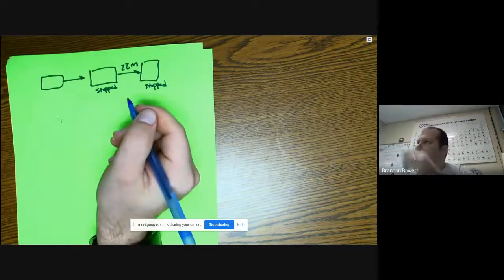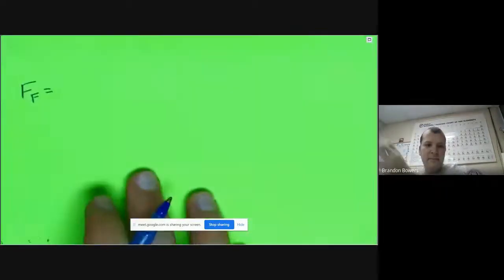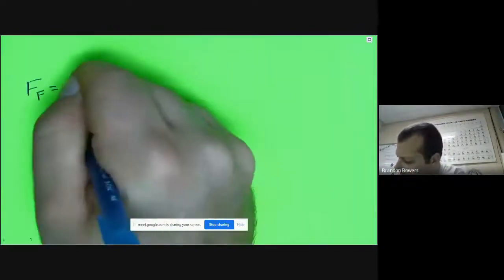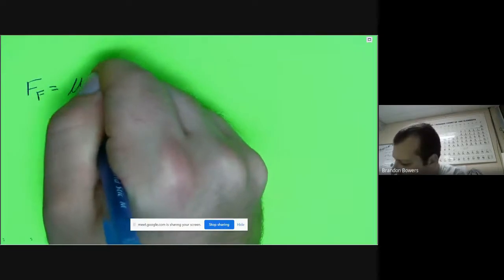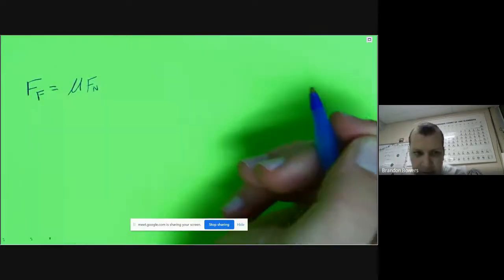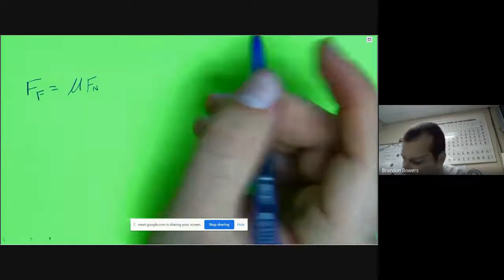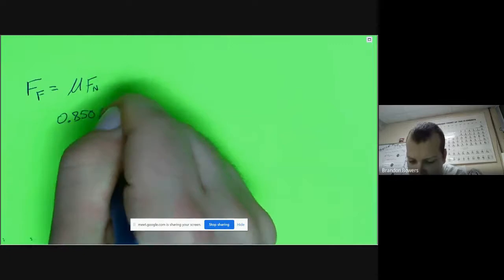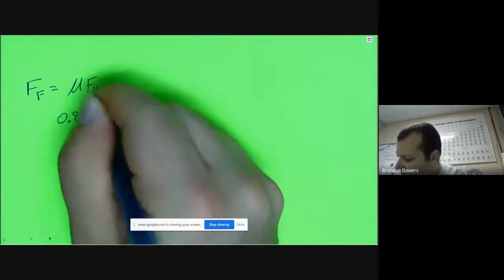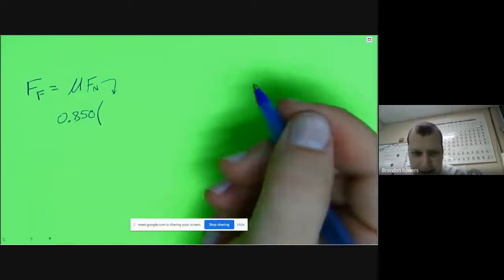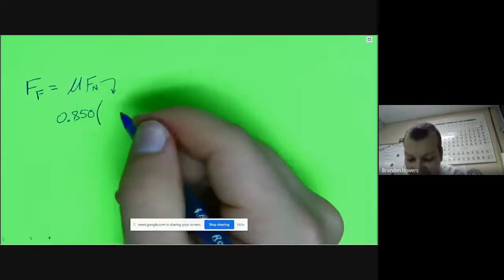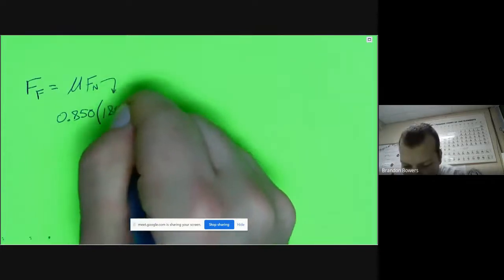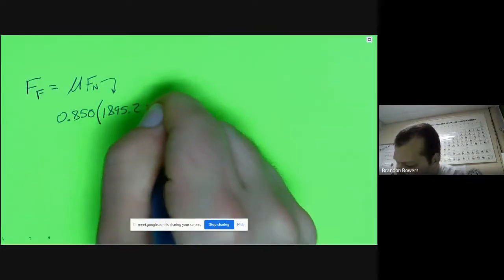Okay, can't see that. There we go. We know we have to solve for the force of friction. We know that the force of friction is equal to mu times the normal force, where mu was given in the problem, 0.850, and the normal force is just the mass, the entire mass of the minivan, which I got to be 1,895.2, times gravity.